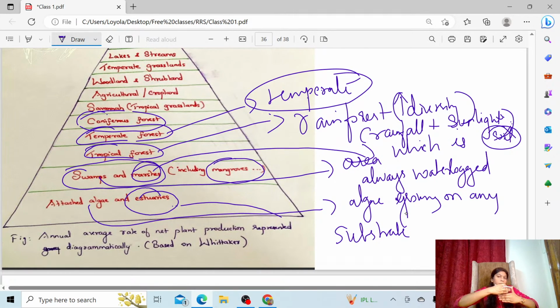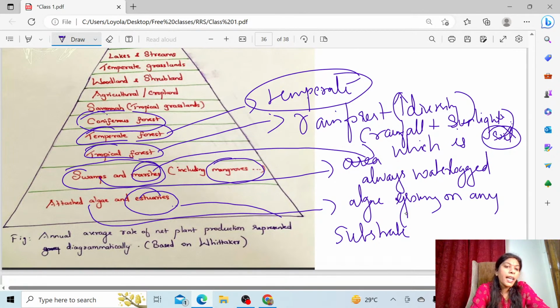In latitude you will find tropical rainforest near the tropics, then comes temperate, then coniferous, and it goes on like this. In the same way, when you go into the mountains, from the base to the height, the forest is replaced by coniferous forest as you move higher. So similarly, the diversity is much lesser here, and the productivity is also less.